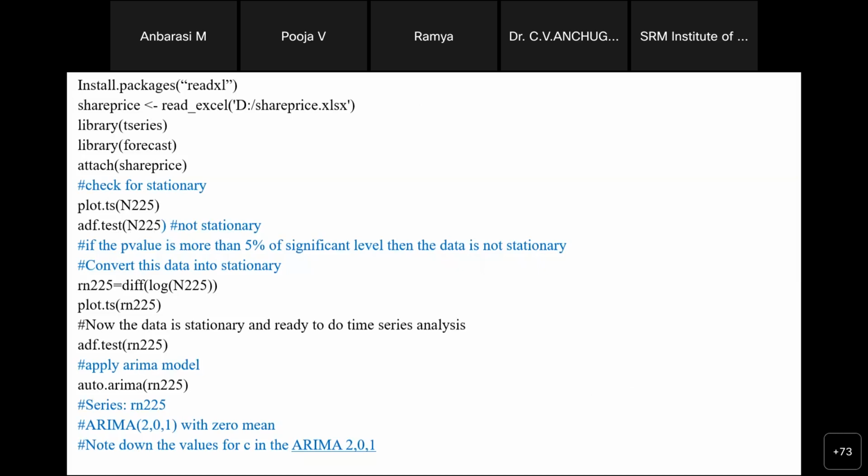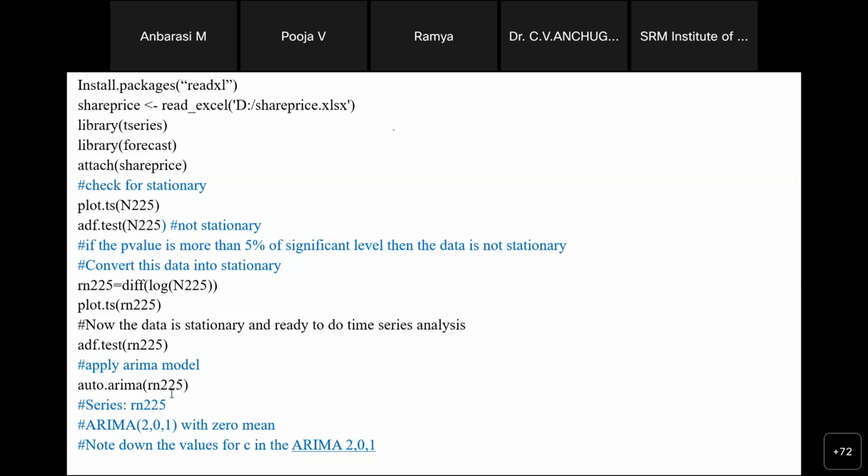See the values on the right-hand side: the uptrend and downtrend are there. This is actually non-stationary data. We have to convert this into a stationary series. By using the ADF function we check it, and by using the differences function we convert the given data set into a stationary one.